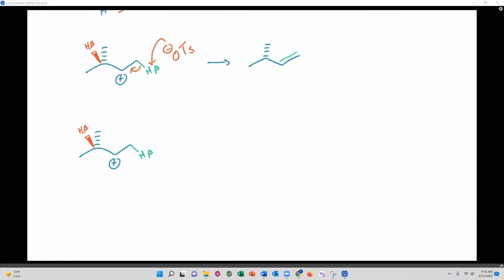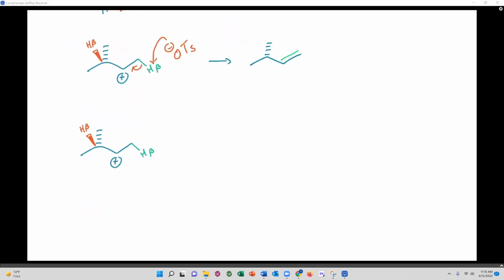Now again, tosylate can come and remove this proton. And I'm going to see the formation of, I'm sorry, of this alkene. Now, once I form that bond between those two carbons, that one methyl that was a dash is now a straight line because now the carbon that it's attached to is sp2. Okay, so that's normal. That's the way we used to look at them before any carbocation rearrangements.